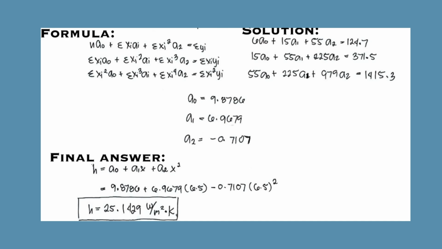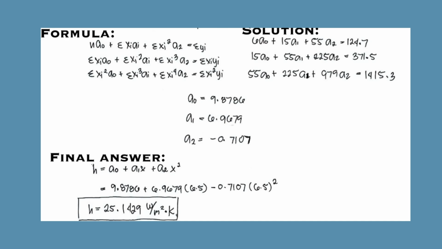Click equals again, and we can see y is equal to 6.9678, or rounded up to 79, where y is a sub 1. And last is z, which is a sub 2, where the answer is negative 0.7107.